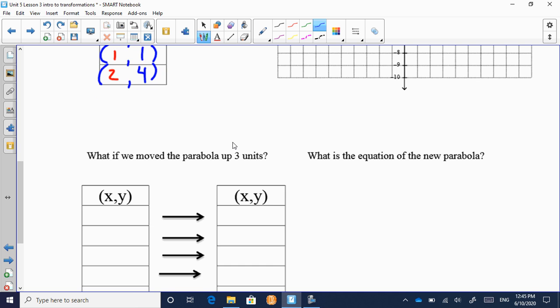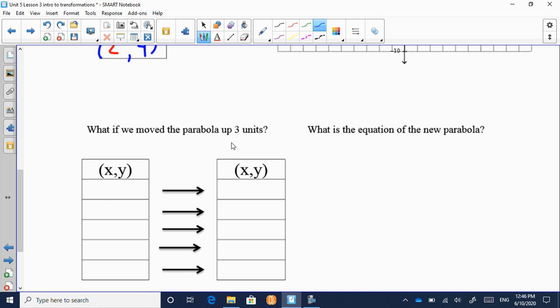Okay, well, what if we move the parabola up by 3 units? So basically, we're going to take our points, which we know are -2, 4, -1 and 1, 0 and 0, 1 and 1, and 2 and 4. So if we're going to move it up, what are we changing?